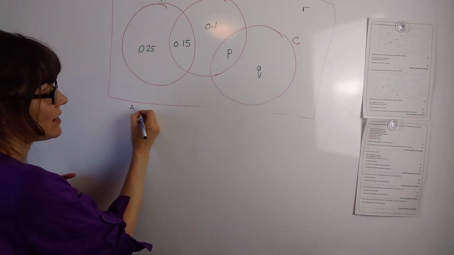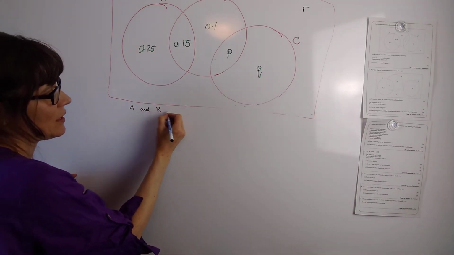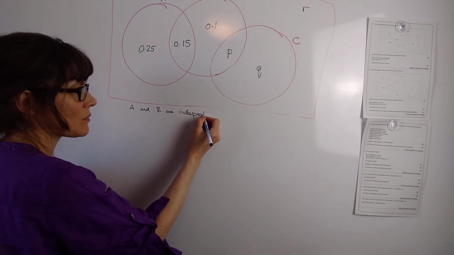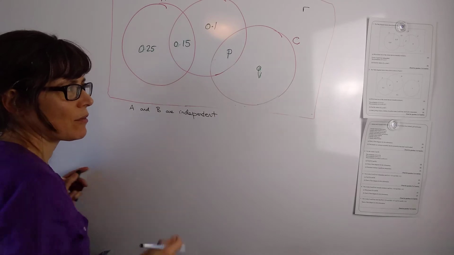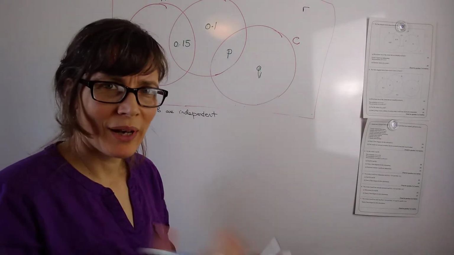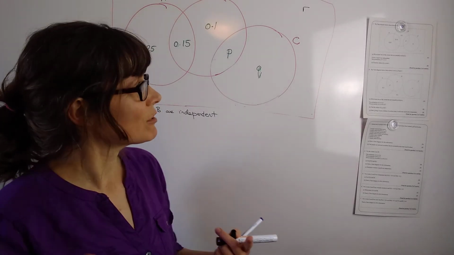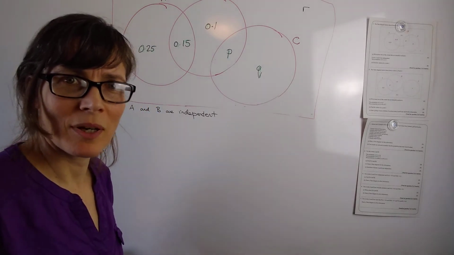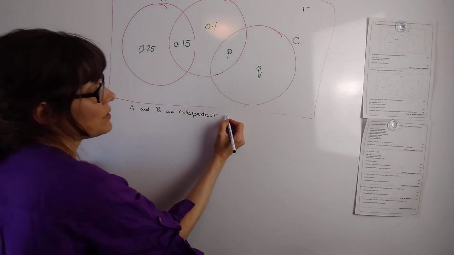So A and B are independent. Really think about explaining it to whoever's marking it. Try and really nail it, so this must be true. So A and B are independent.